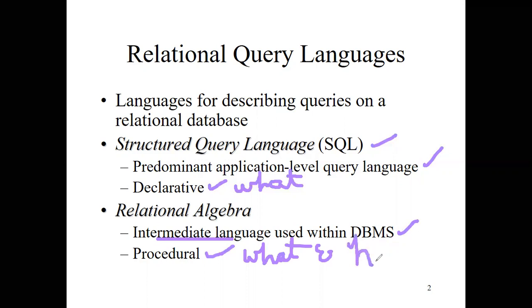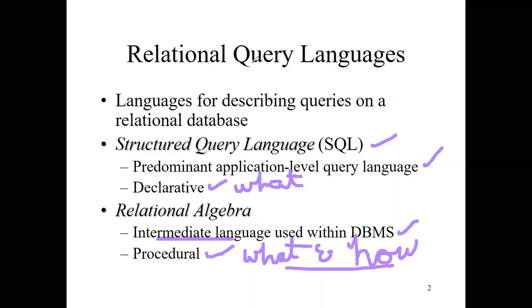What and how. This is about the procedural language. Declarative means it tells what data needs to be accessed from the database, but it will not say how it has to be retrieved.